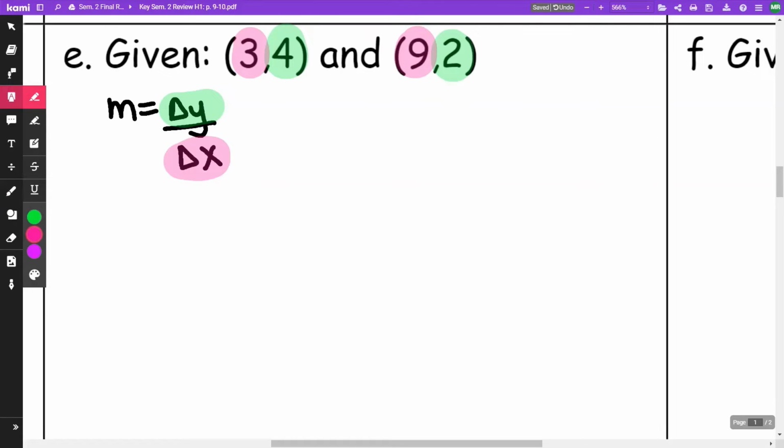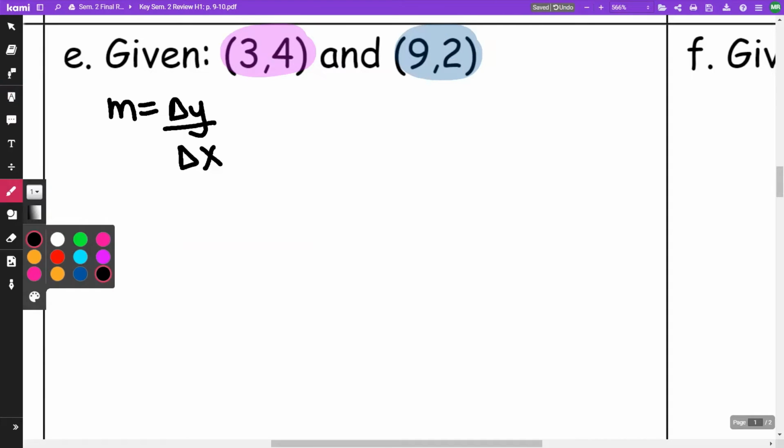So I am going to color code this way, where I have 2 different colors, one for my first point and one for my second point. So when I am subtracting, I want to make sure that I'm doing it in the same order. So if on top, I take my 4, which is my y, minus my 2, which is my y, I'm taking from the purple point minus the blue point.